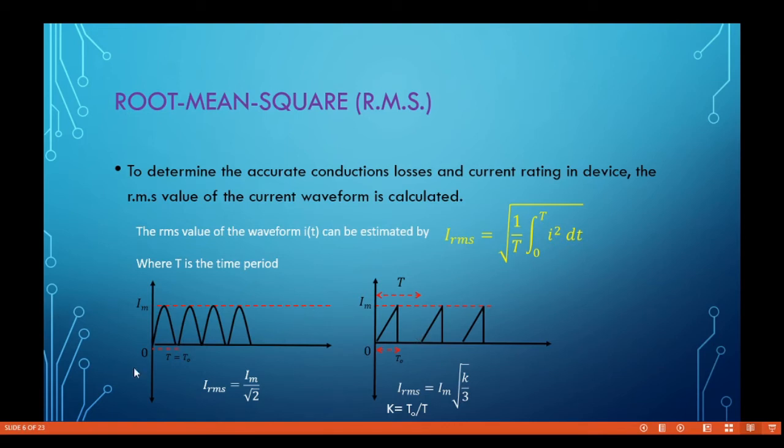For a sinusoidal waveform, the IRMS value is Im upon under root 2, and for this type of waveform, the IRMS value is equal to Im times under root of k by 3, where the k value is T0 by T. Here T0 is the output duration and T is the full wave cycle.